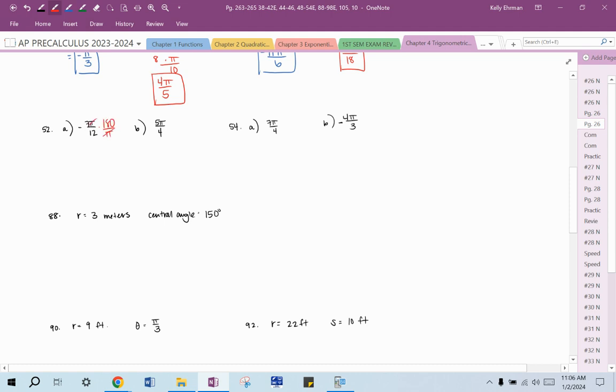So the pi's cancel. Don't do 7 times 180. Reduce here first. So 12 and 180 I can reduce by 4. Remember, 180 divided by 4 was not 90. Wow. 180 divided by 4 was 45. 45 does divide by 3. So I do need to do negative 7 times 15.